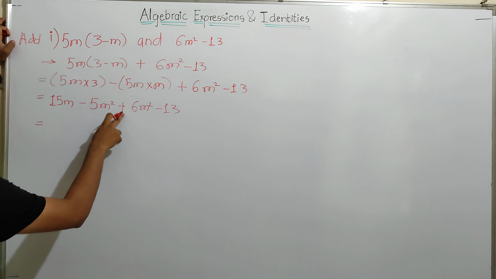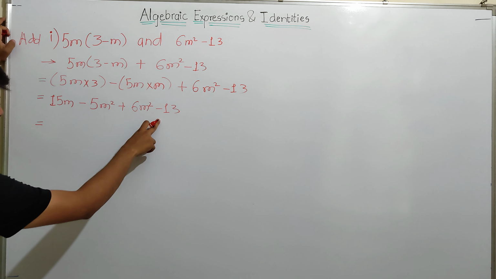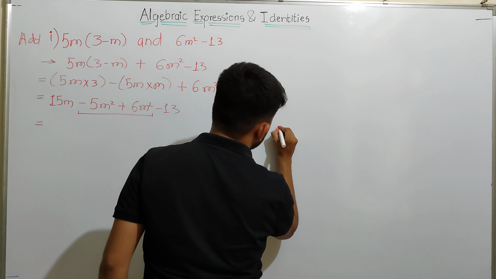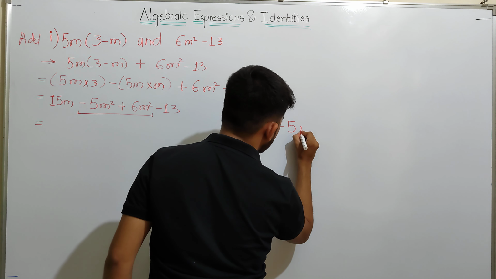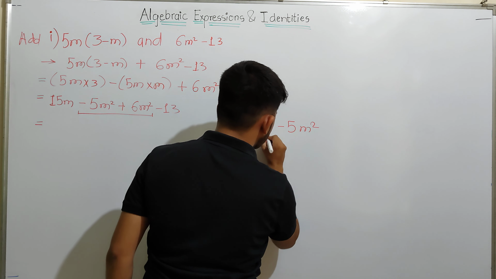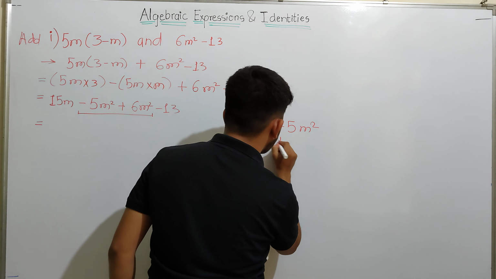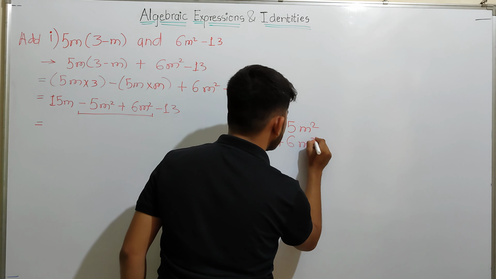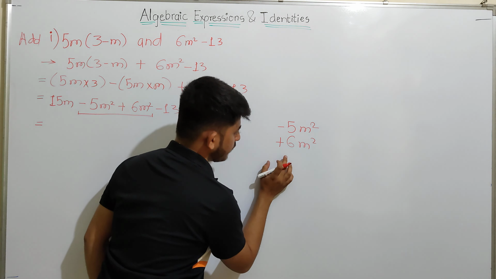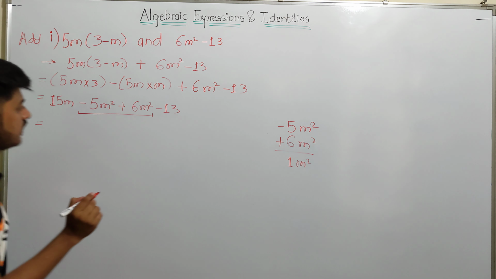Minus 5m square plus 6m square. Observe this term very carefully. Minus 5 plus 6 is 1, so m square as it is.